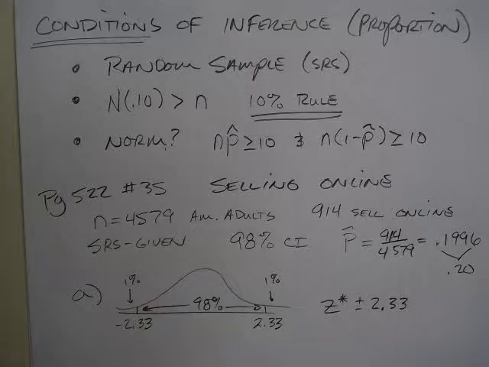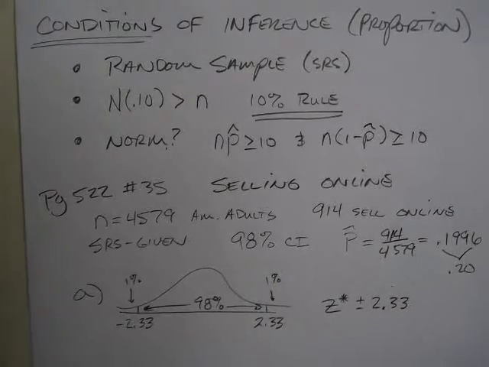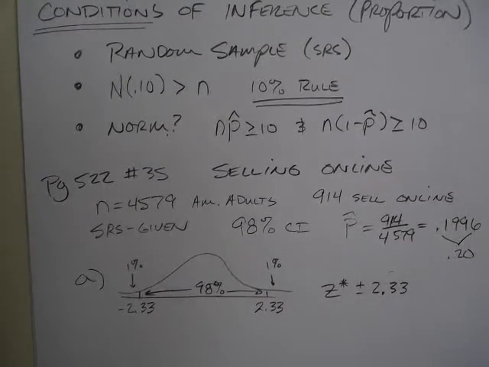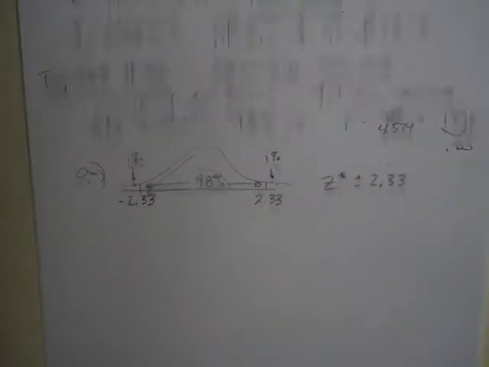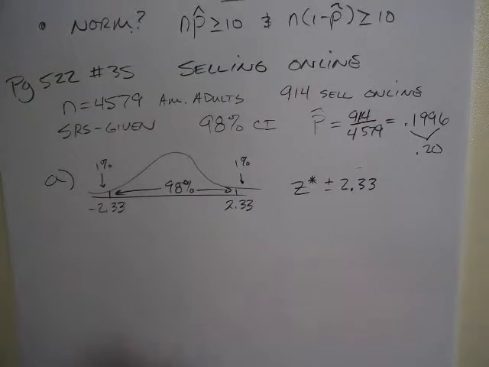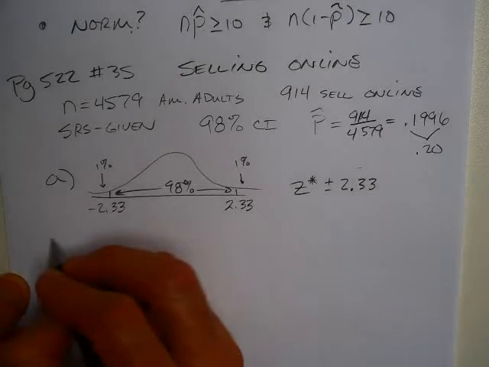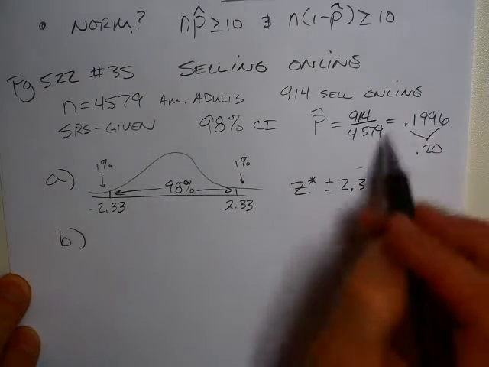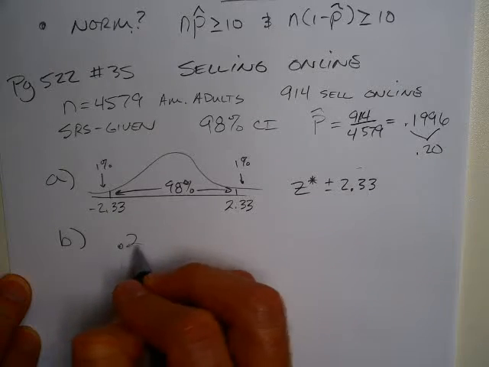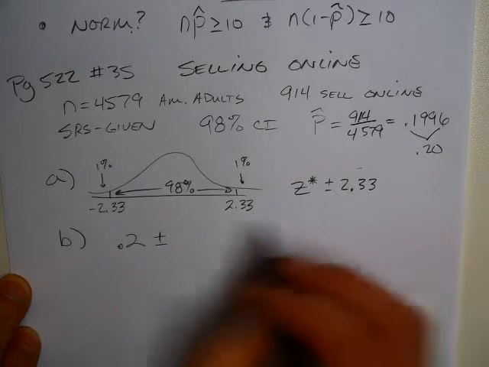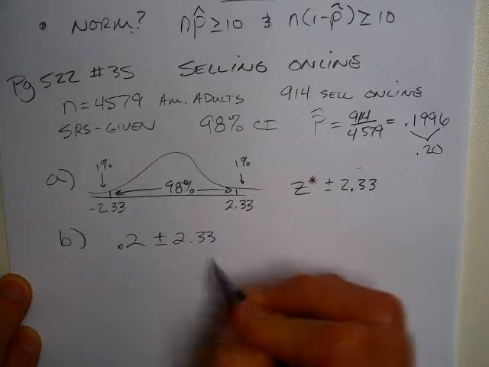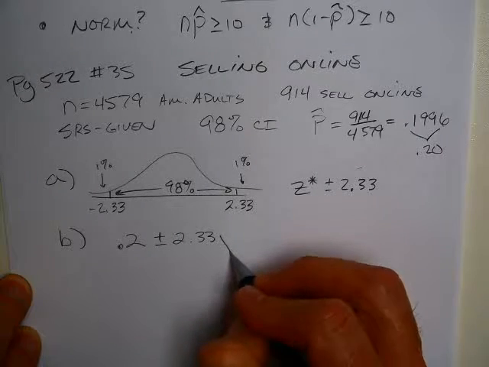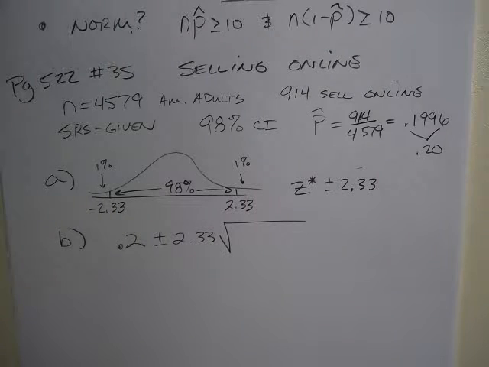So B asks us to construct a 98% confidence interval for the proportion of all American adults who would report having earned money by selling something online in the previous year. Okay, well, that's going to be our p-hat value plus or minus z-star times the standard deviation of the sample proportion.